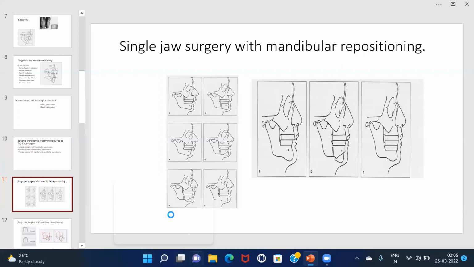Now, in this figure, dentoalveolar anteroposterior deficiency. In B, surgical advancement of the mandible combined with reduction genioplasty. In C, advancement of the dentoalveolar part of the mandible by means of total subapical osteotomy.